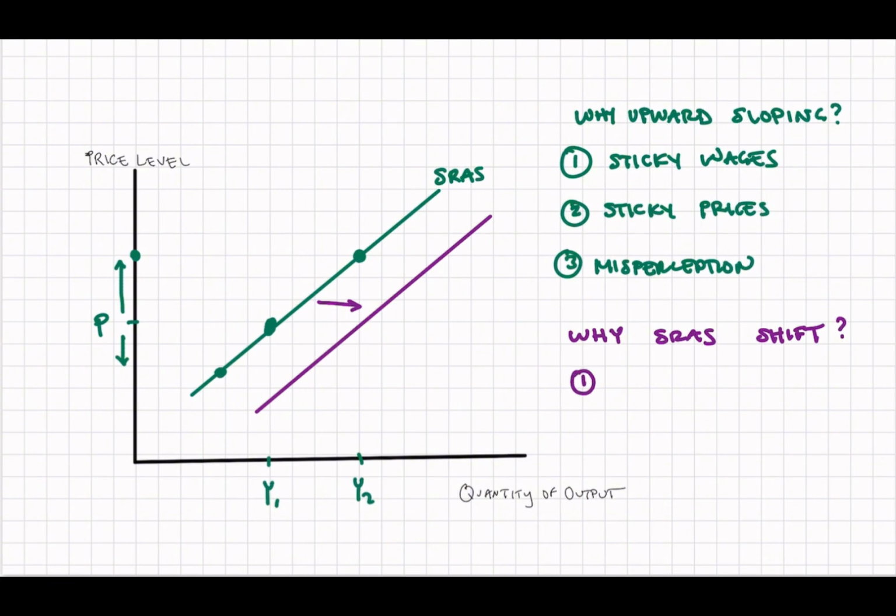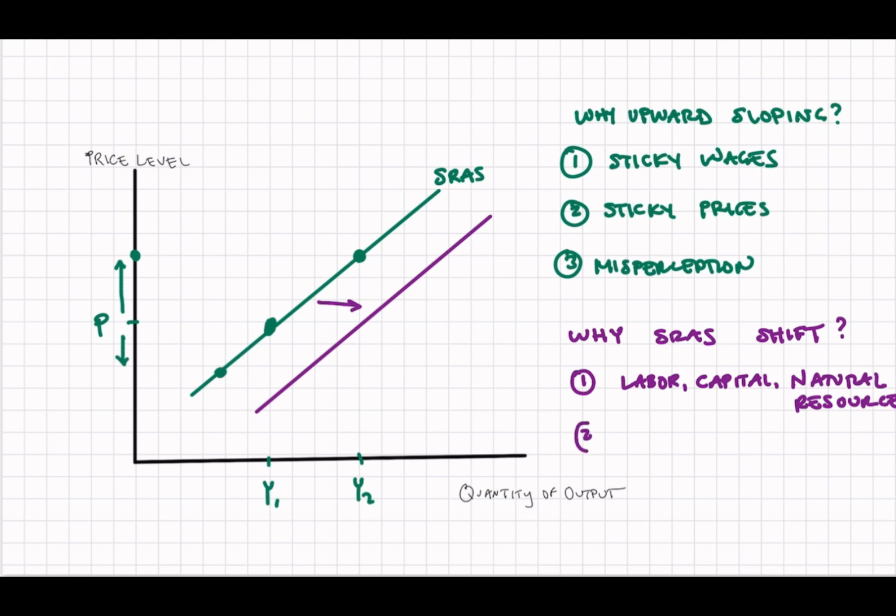The first is the same things that are going to influence the long run aggregate supply curve will also affect the short run aggregate supply. So changes in the number of labor, in capital, or in natural resources will cause a shift in the short run aggregate supply.